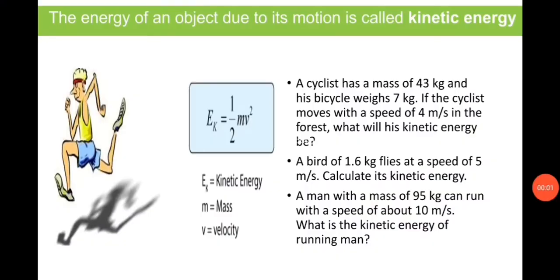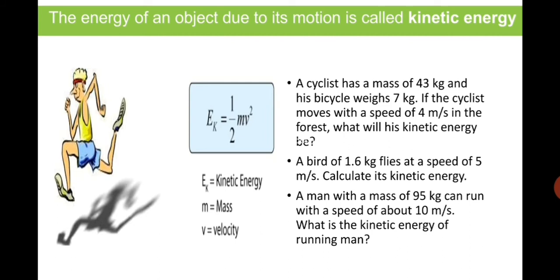Dear students, mechanical energy is divided to two energies, potential energy and kinetic energy. We will now learn about potential energy. So let's answer next question. What is kinetic energy? The energy of an object due to its motion is called kinetic energy.